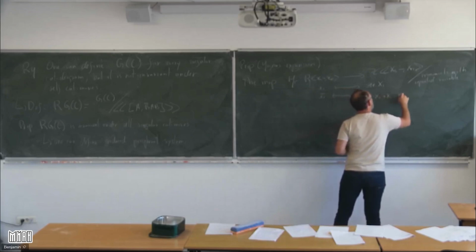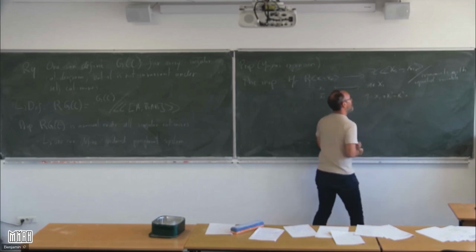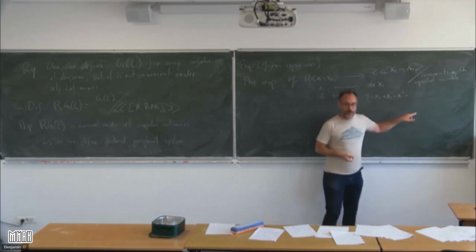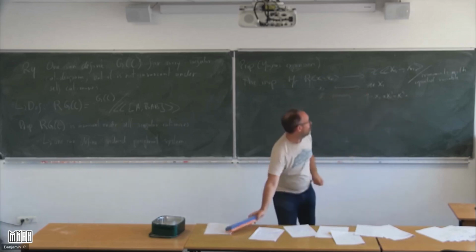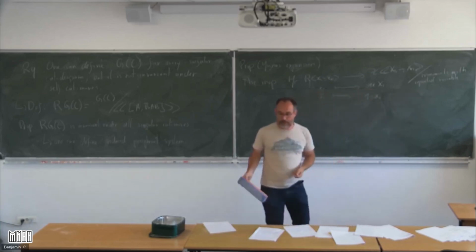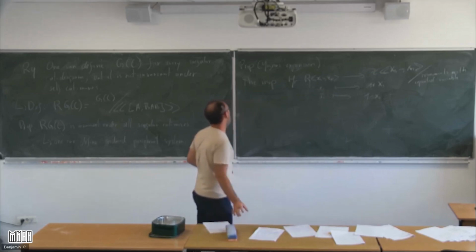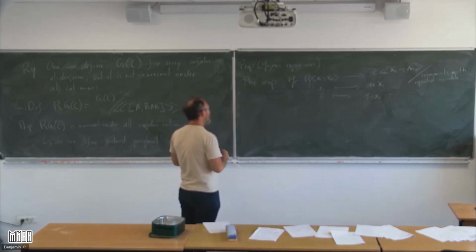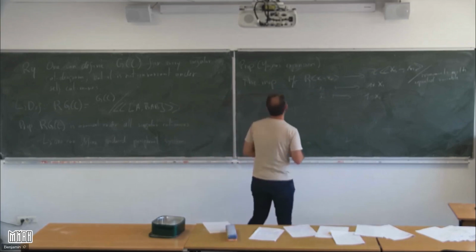But now, all those monomials are sent to 0. So actually, it is just 1 minus xi. So this map is well defined and is actually injective.